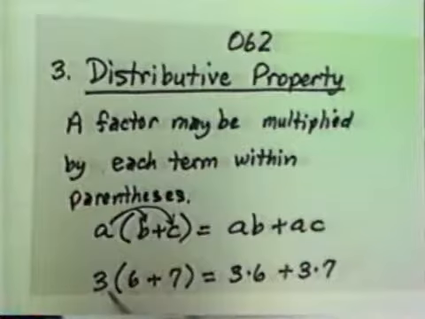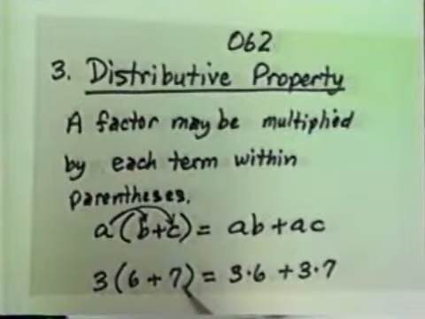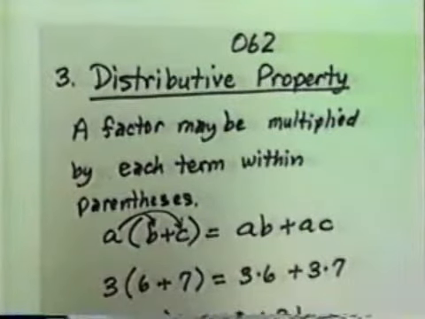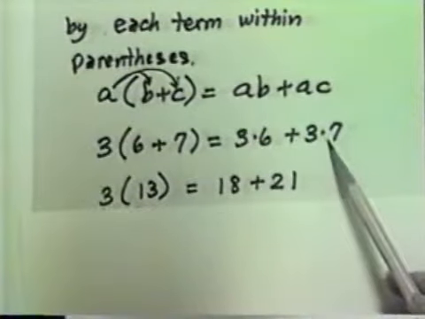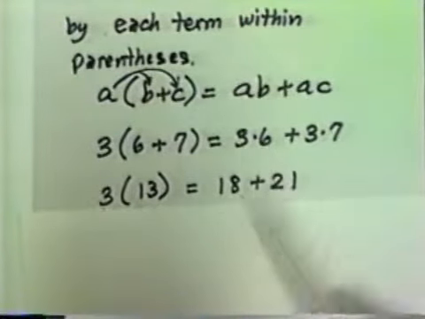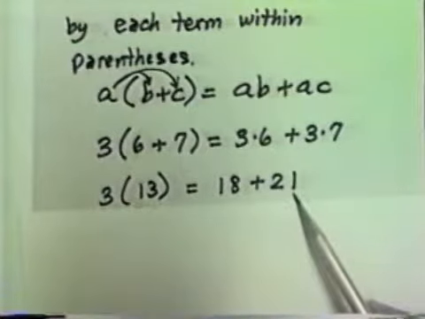On the left, we have multiplying and an expression in parentheses. Working in parentheses first, we get 13, and so we have 3 times 13. On the right-hand side, however, we have multiplying, adding, and multiplying. We multiply first to get 18 plus 21.